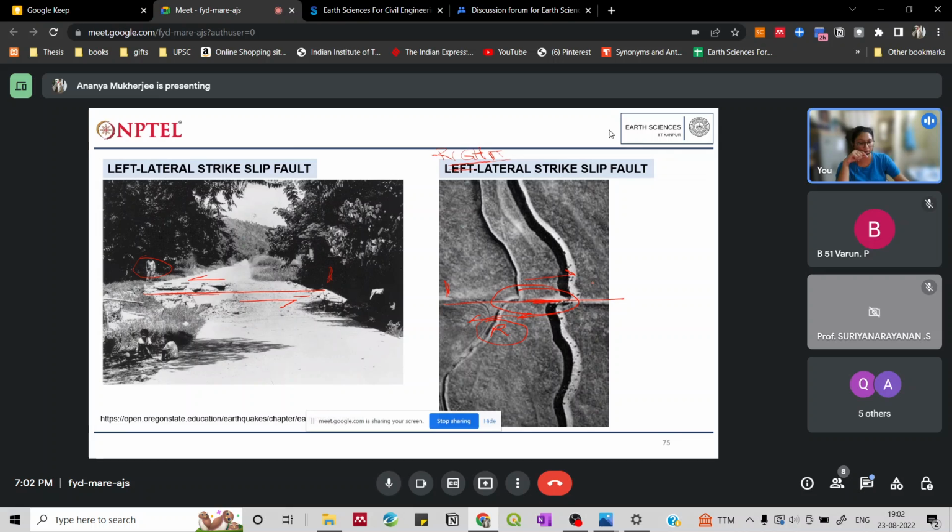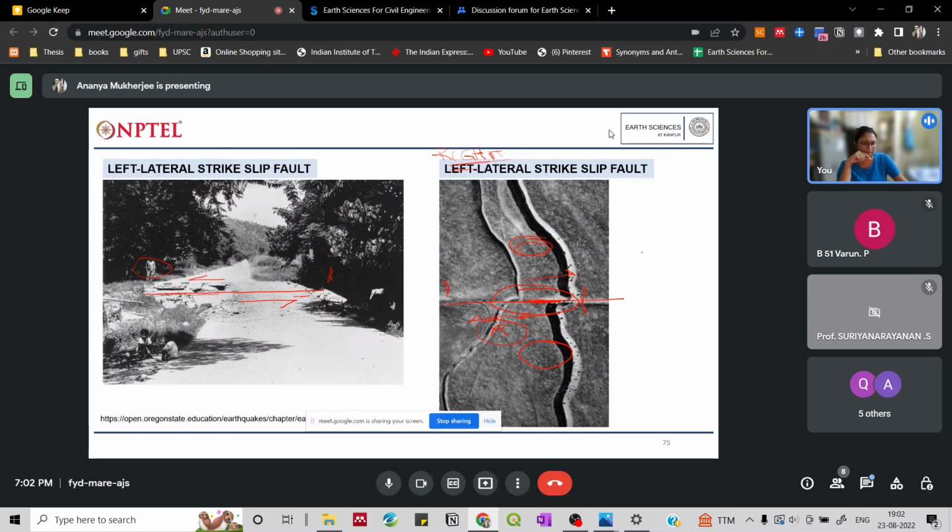You can't even build it like this. You can build it on this side or this side, so the damage won't be through your construction. Obviously if there is a larger earthquake across this fault plane, there is going to be some damage, but that is again relative.